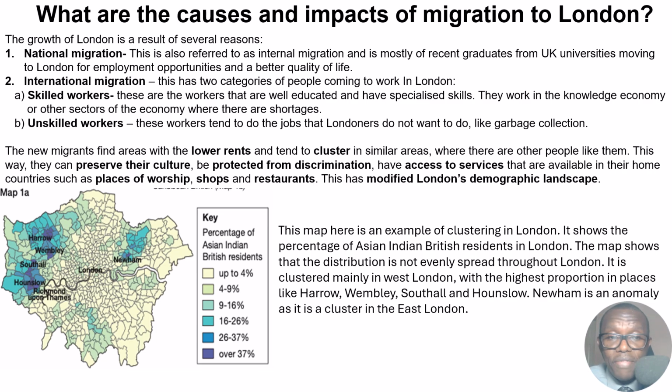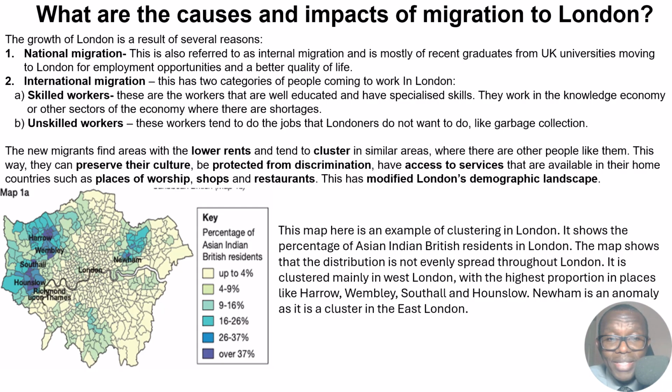So if they were born in a rural periphery, once they finish their education, they will want to move to London, because that is where the jobs are, and the better quality of life is for somebody of their age.